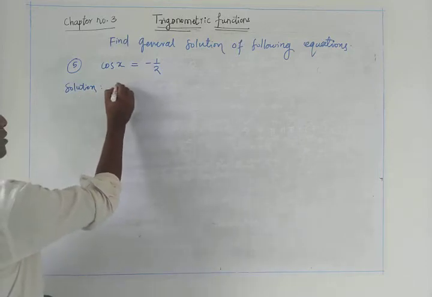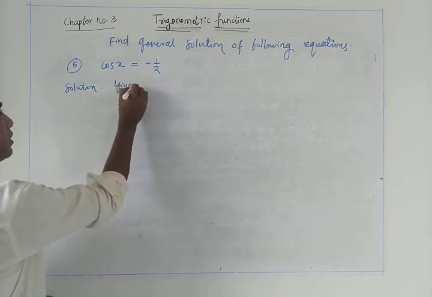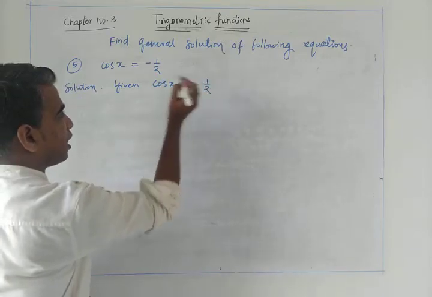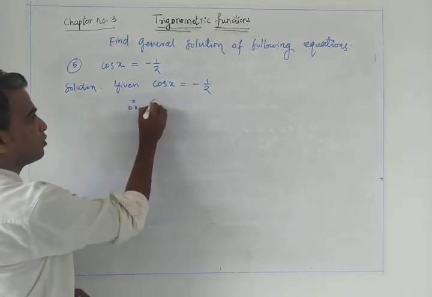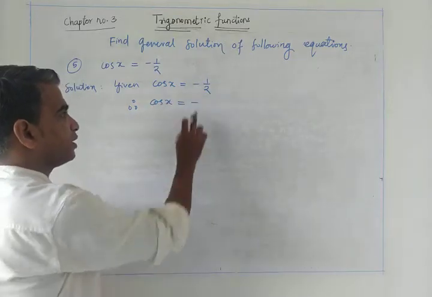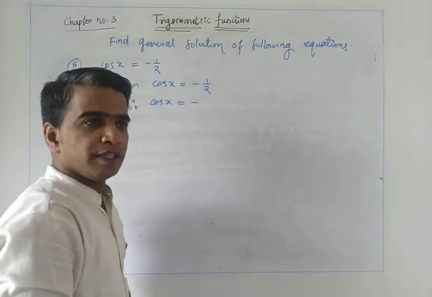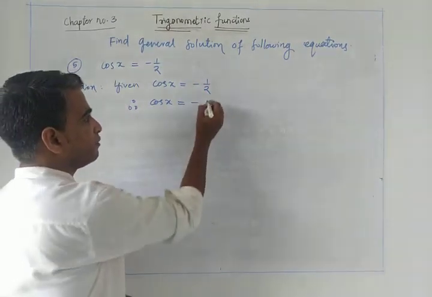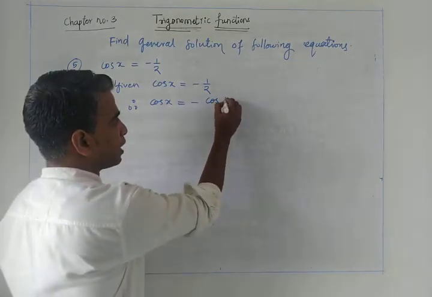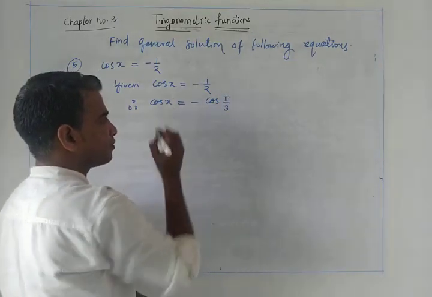So the steps are there. First, the given thing, cos x is equal to minus half. So therefore cos x is equal to, first the minus we will write as it is, and the half value we will check. Now in the cos function, the half value we get for cos 60 degree, that is cos pi by 3.